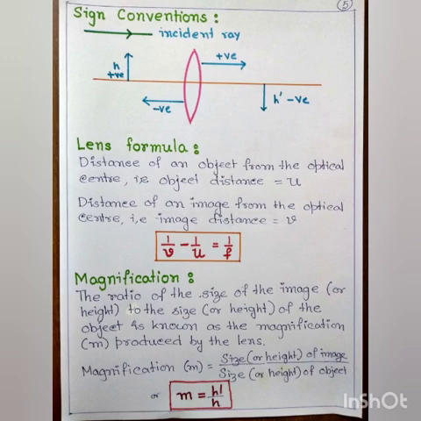Next we will discuss magnification of a lens. Now what is the magnification of a lens? The ratio of the size or height of the image to the size or height of the object is known as the magnification produced by the lens. Here magnification is denoted by small m, and as the height of the object is h and the height of the image is h prime, therefore magnification m equals h prime by h.